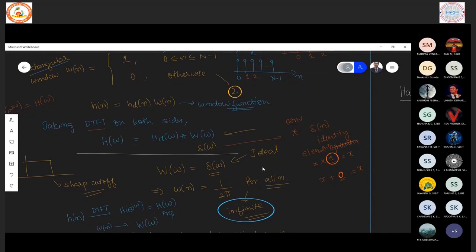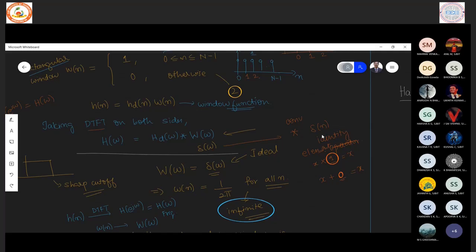Ideally, a filter should have the nature of the unit impulse function, delta of n. Ideally we want it to look like an impulse.